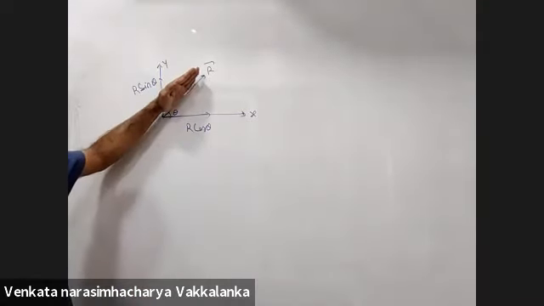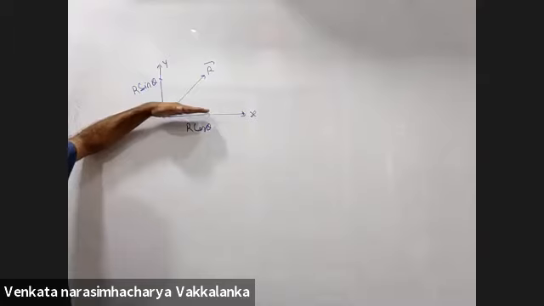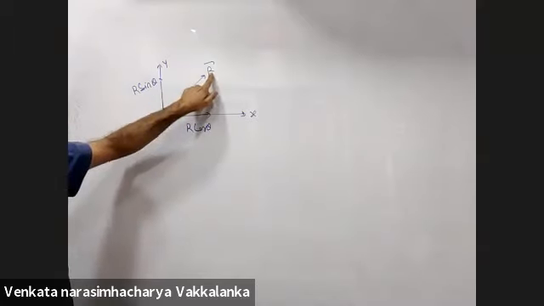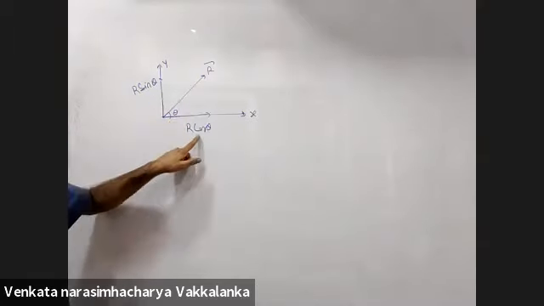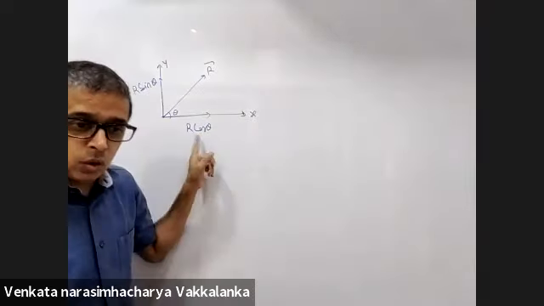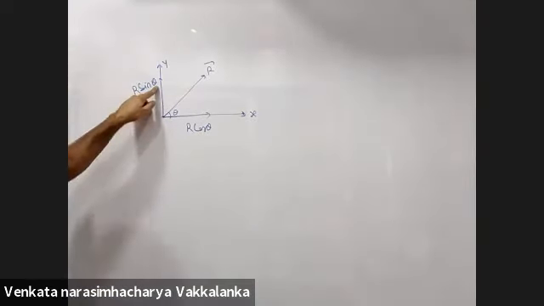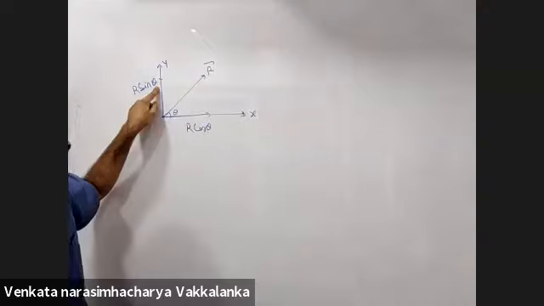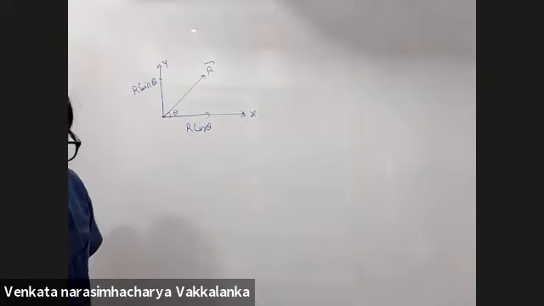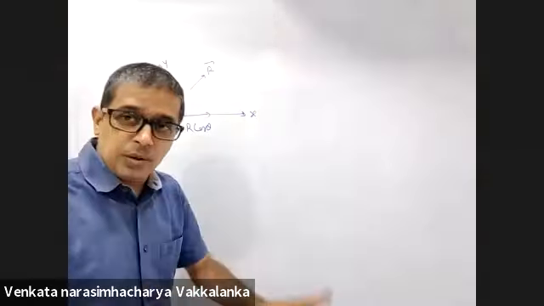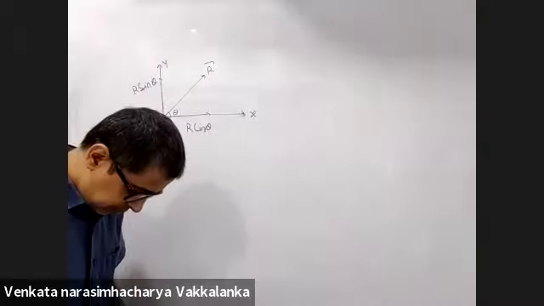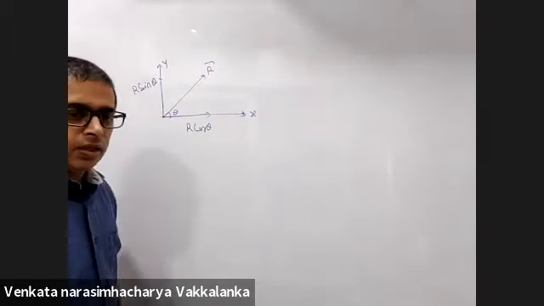Component is resolving a vector in this direction. Component of the vector adjacent to the angle is vector into cos theta. Not adjacent to the angle is vector into sin theta. This point all of you people remember.